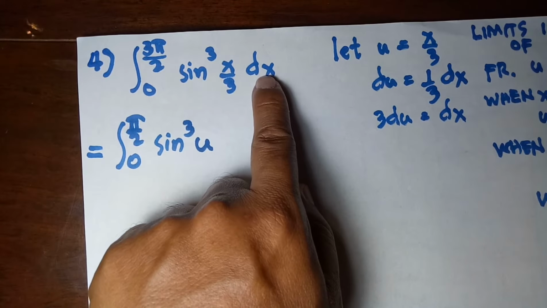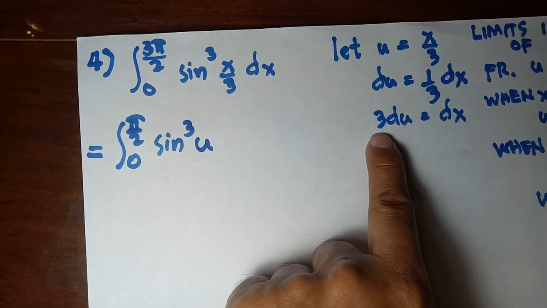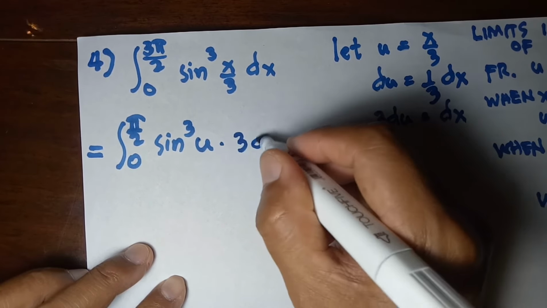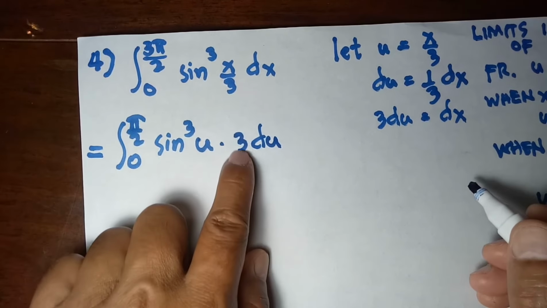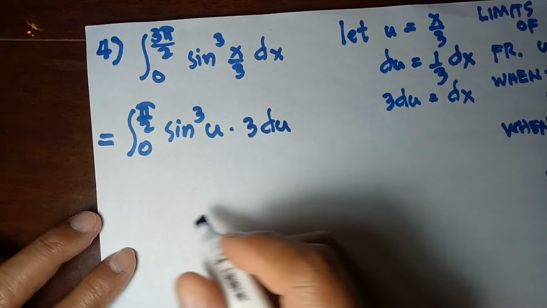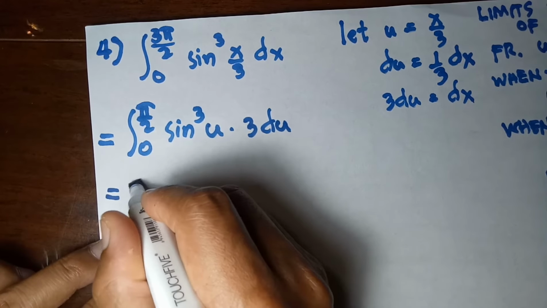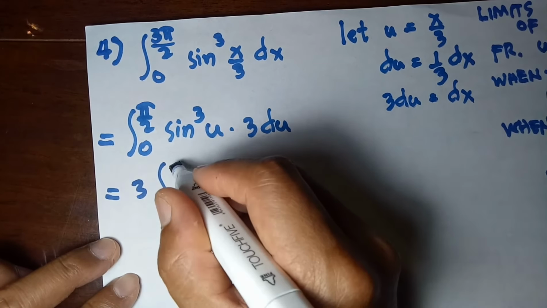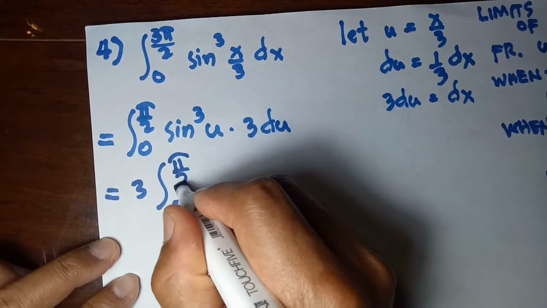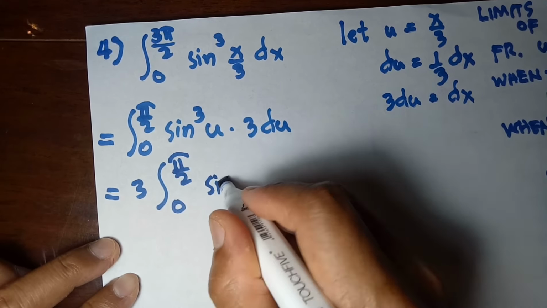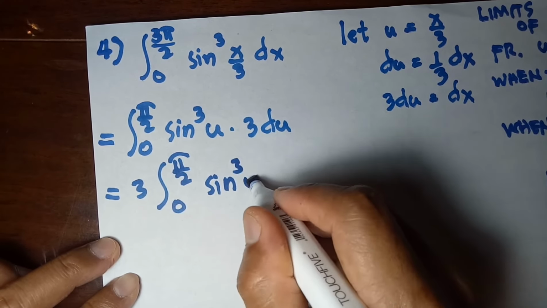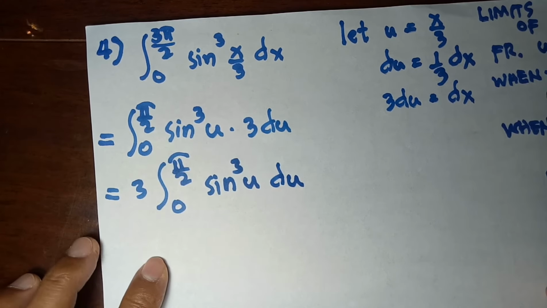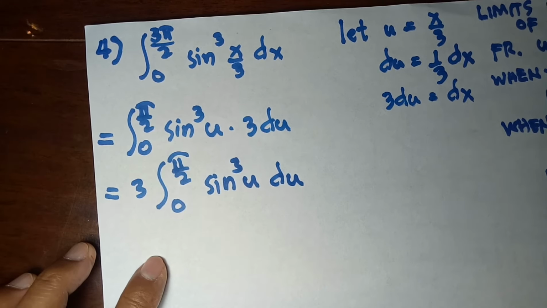And then times dx, but dx equals 3 du. So, times 3 du. Yung 3 ay constant, pwede nating ilabas. So, I'll have 3 integral from 0 to pi over 2 of sine cubed of u du.